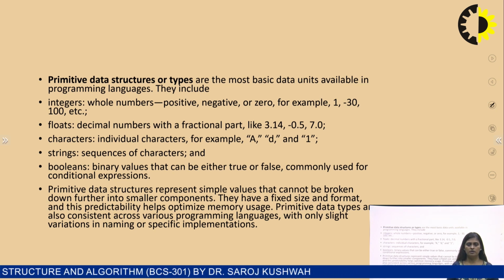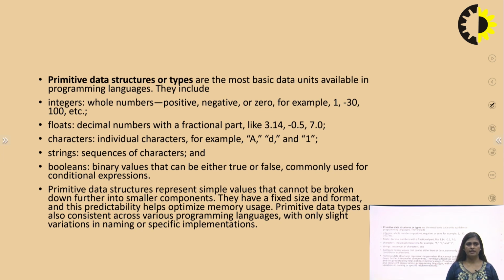Example 1, -30, 100, etc. Float means a decimal number with a fractional part like 3.14, 1.0, 2.8, etc. Character, here we define an individual character, for example all the alphabet letters A, B, C, D, E, F, G up to Z, or the numbers 1, 2, 3, 4, 5, 6.